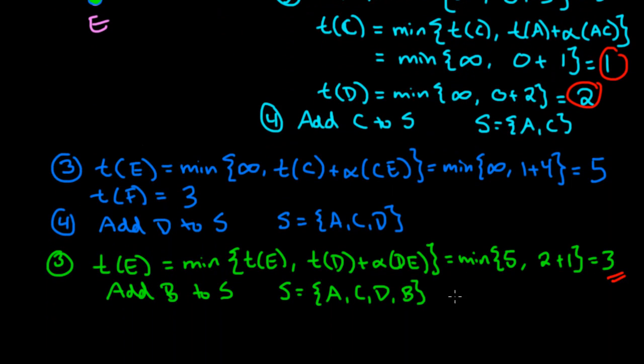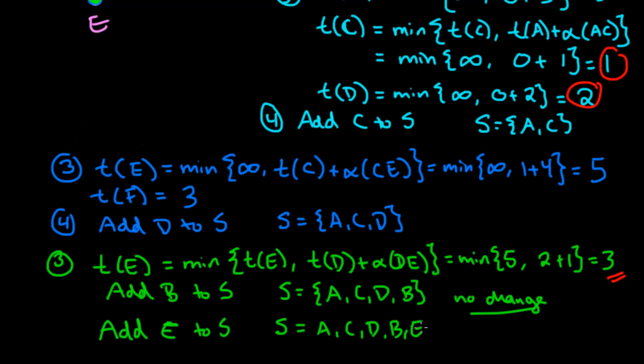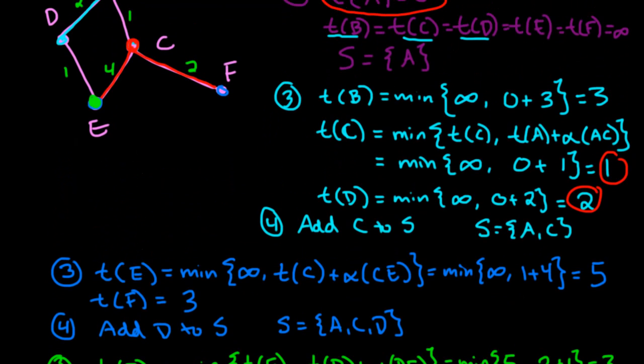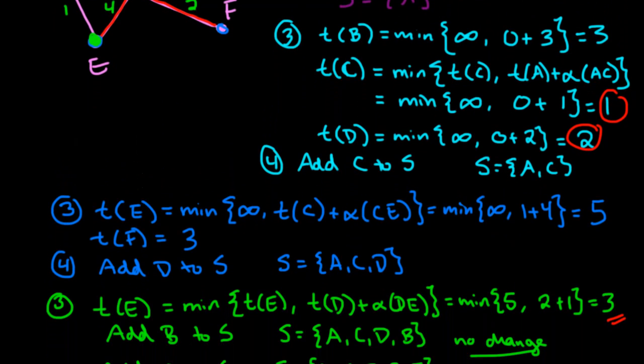So there's no change. What I mean by that is if you go back to step 3, nothing happens, so you continue to step 4. And you again want to add a vertex which has minimum label, and that one could be considered now as vertex E because it also has a label of 3. So add E to the set S, and now S is equal to A, C, D, B, E, and again, if you look at E, its neighbors are C and D, but C and D have already been solved.